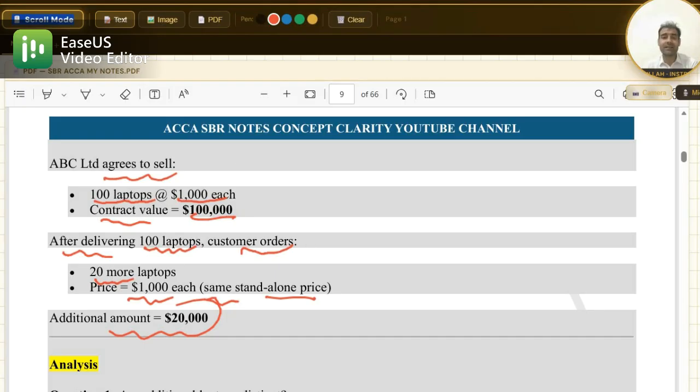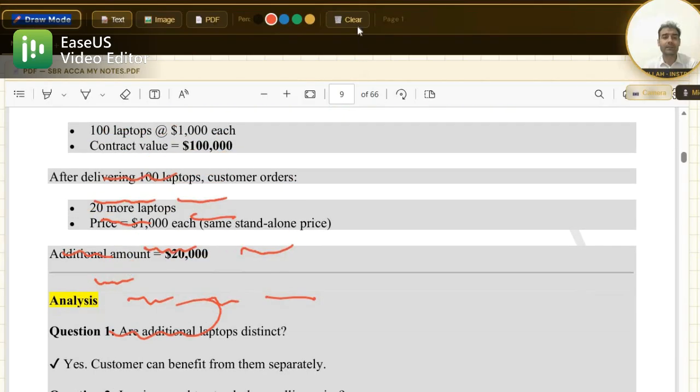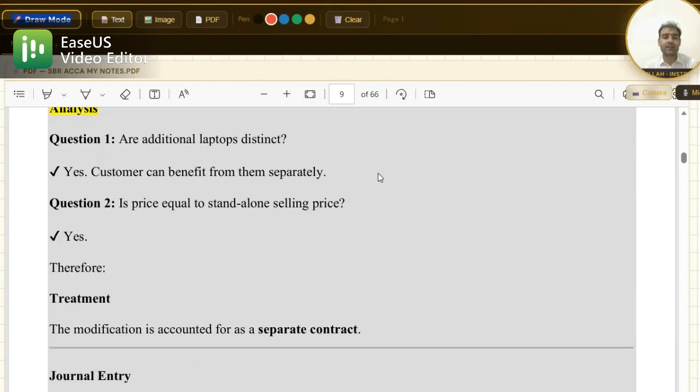Now let's analyze. Question number one: are the additional laptops distinct, meaning can the customer benefit from them separately? We have discussed this in a previous video.